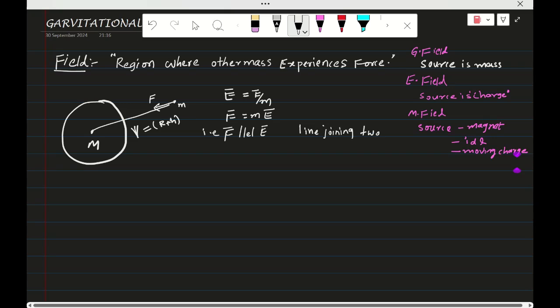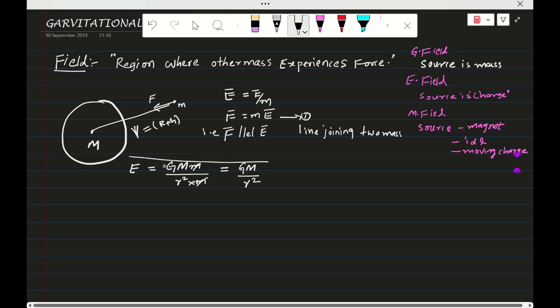Already we studied this in the force concept, right? The field direction is also the same. So from this formula, I can write the magnitude of field E is equal to GMm by R square into m, force by m. The m's get cancelled, so that is equal to GM by R square.